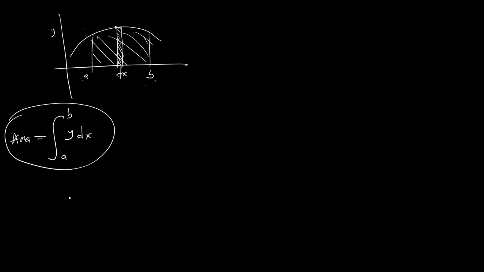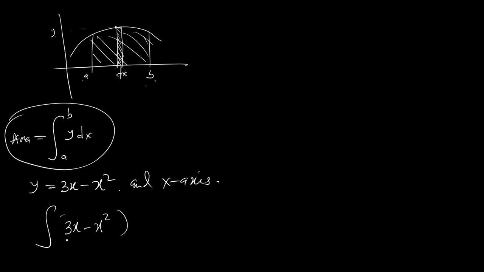Now to find the area between this curve 3x minus x squared and the x-axis, it will be the integral of 3x minus x squared dx between 3 and 0.